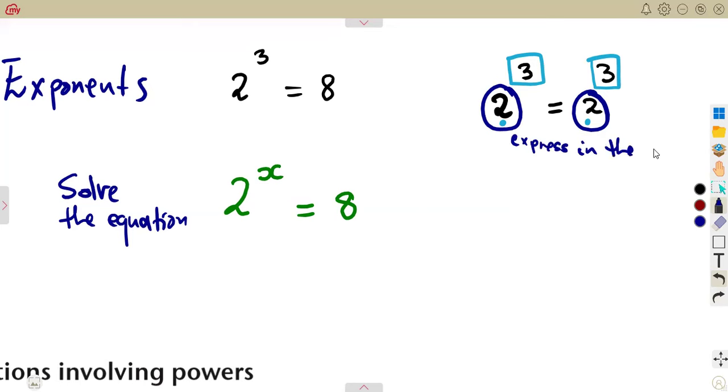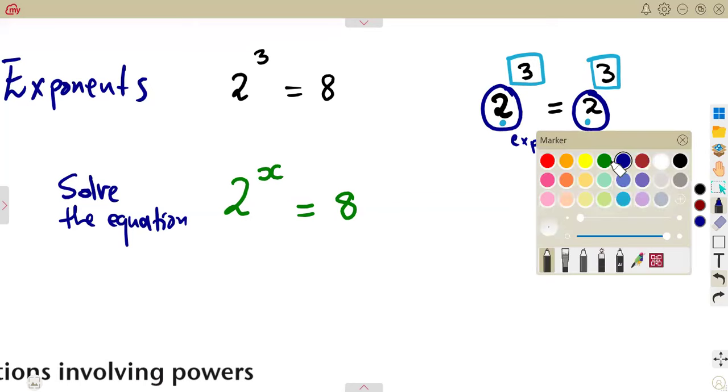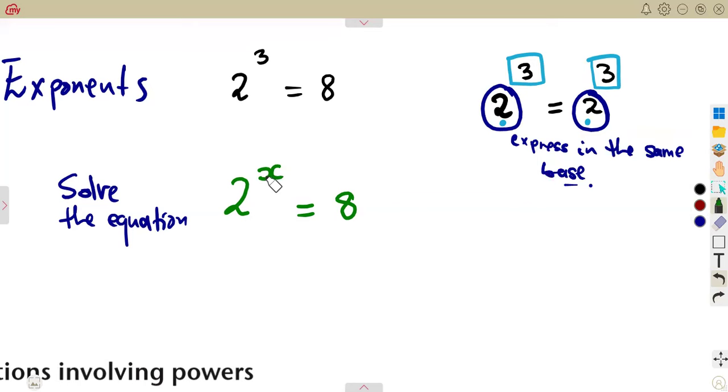So you express in the same base. That is the condition, the same base. If we are to express in the same base, let's see what we have here. Already, the left-hand side has a base of 2 to the power of x, so we're just going to leave it like that. Then we focus on this 8. How are we going to write this 8?